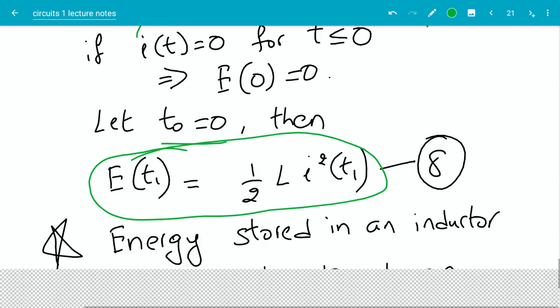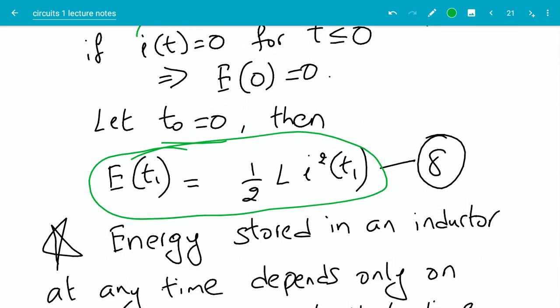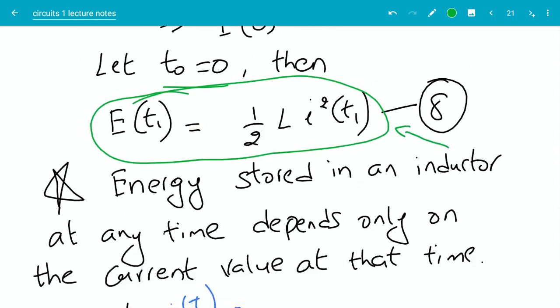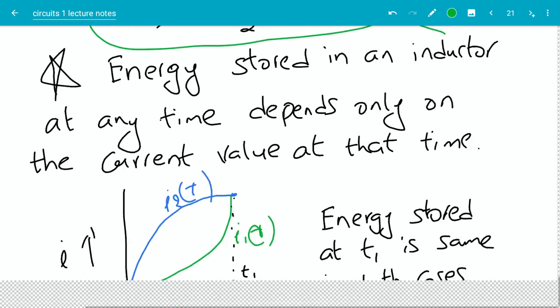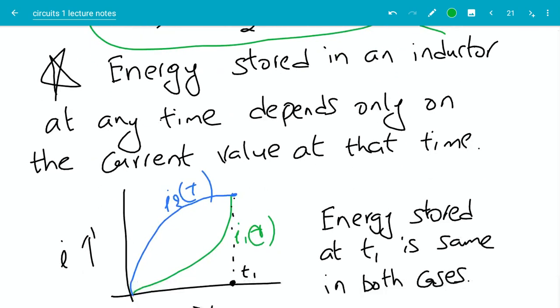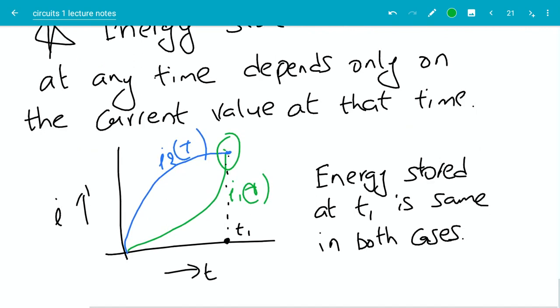Okay, so there's a very simple relationship between energy and current. Energy is half L i squared, which we just derived, right? Now notice that in this equation here, the energy stored at time t1 only depends on the current at time t1 and nothing else, right? What that means is if we have two different currents, which took completely different paths to get to their particular point at t1, then the energy stored in the inductor at that time will be the same in both cases, right?